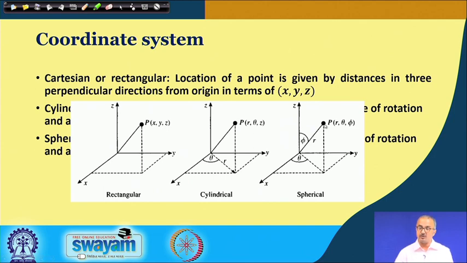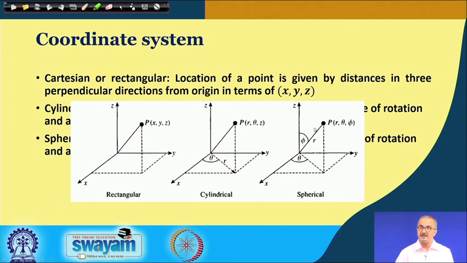And lastly, I can also reach the same point P in a different manner: I know its distance from the origin, I take a theta rotation, and then after rotation I take an elevation. I have to lift myself up, so I take an elevation. So, by these 3 I can reach the same point P.